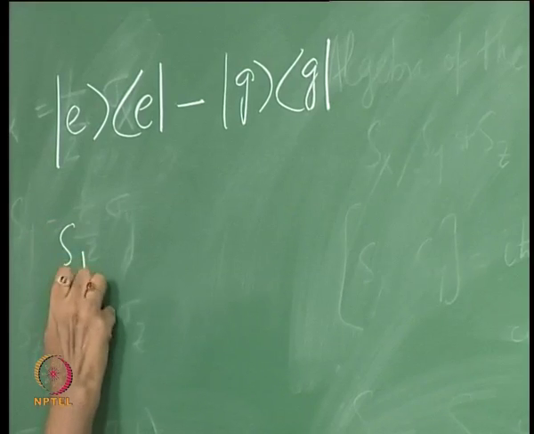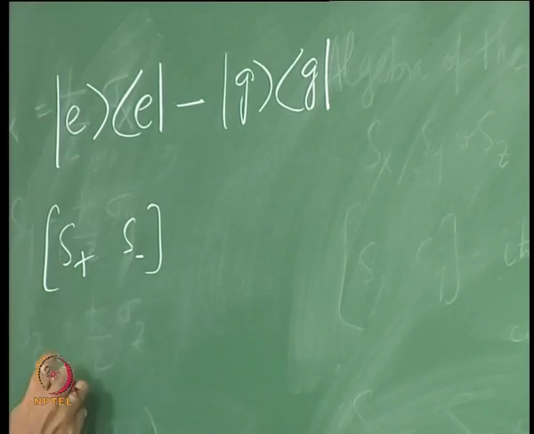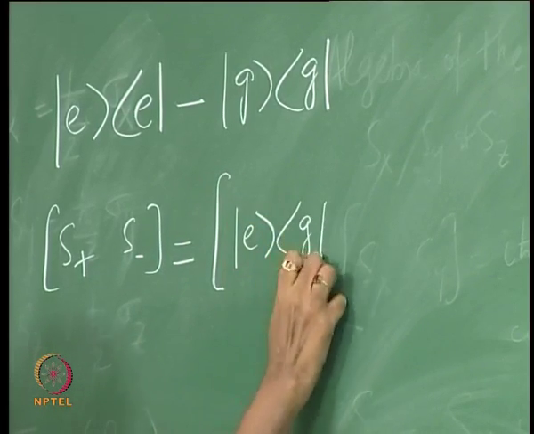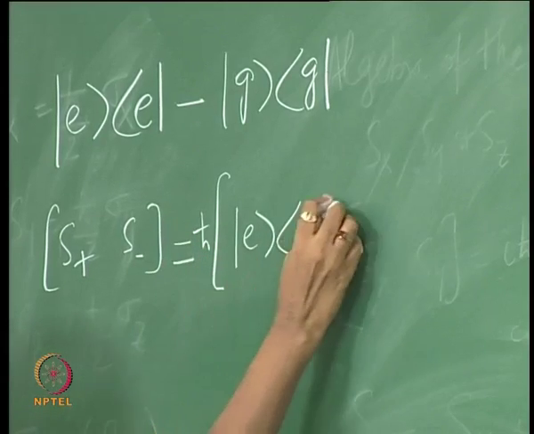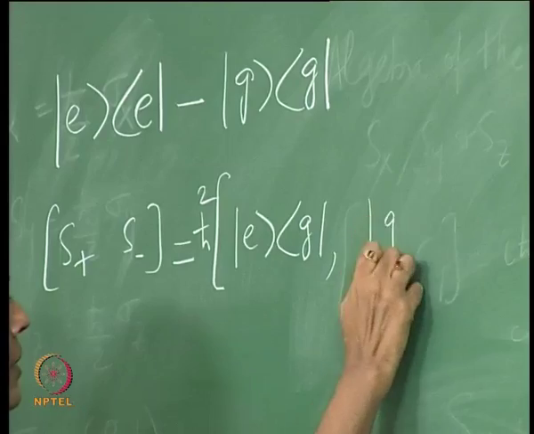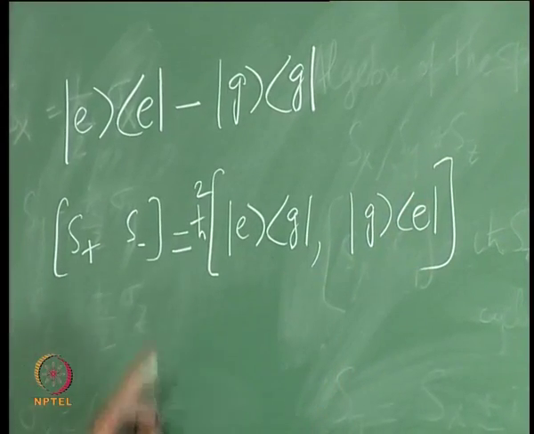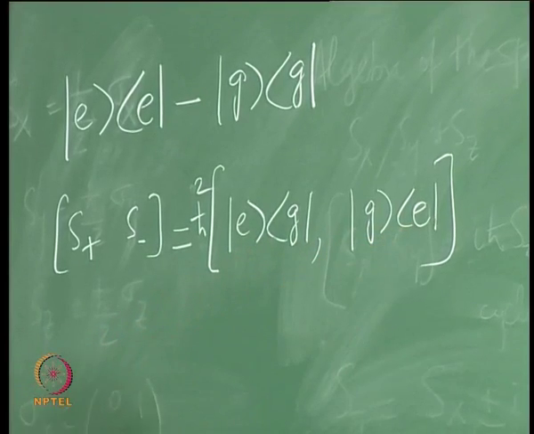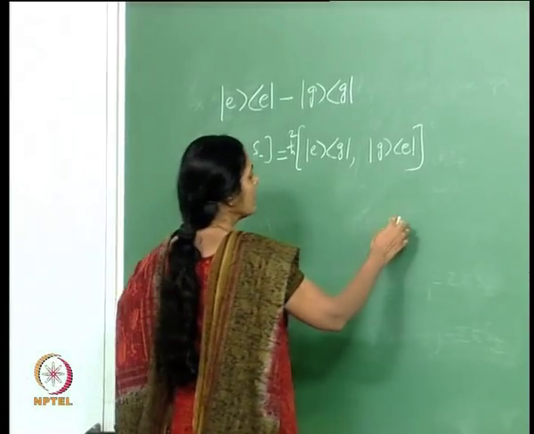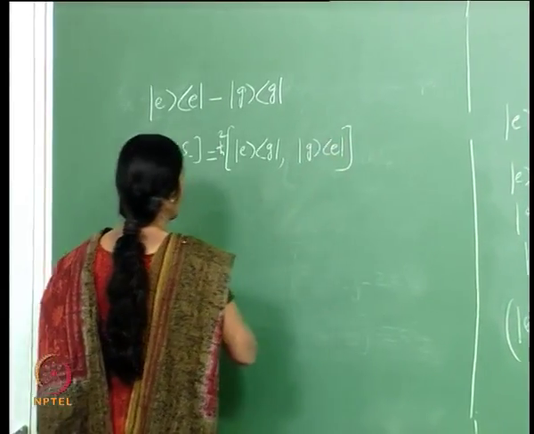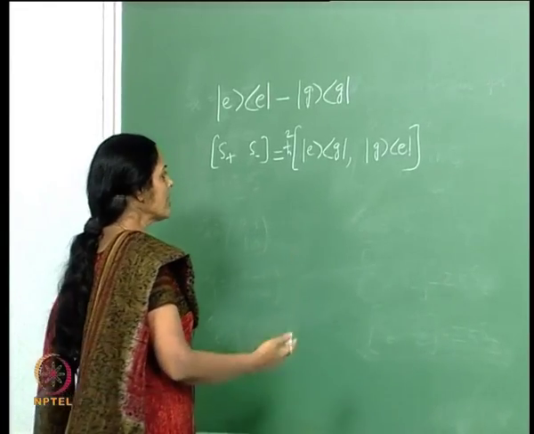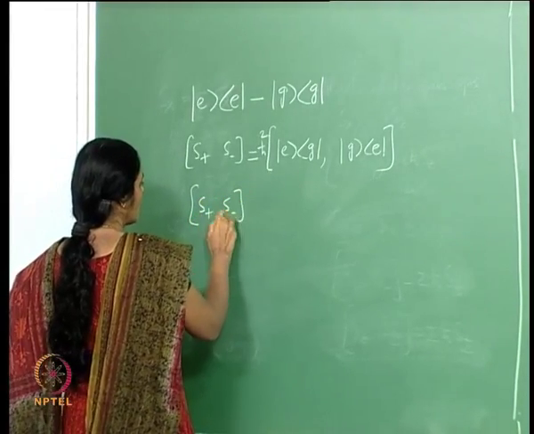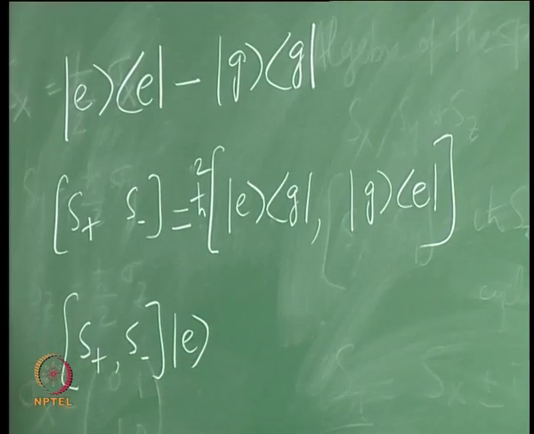Suppose I find the commutator of S plus and S minus in this language. That is the same as trying to find the commutator of |e><g| with |g><e|, apart from an H cross squared, which I pulled out because there was an H cross with this operator and an H cross multiplying that one. The way to do this is to make it work on some basis state and see if the algebra that we have is indeed state independent. So let us consider the commutator of S plus with S minus acting, shall we say, on the state e.